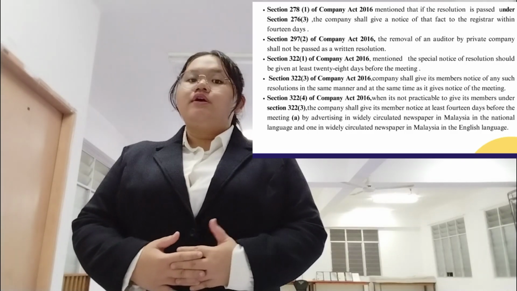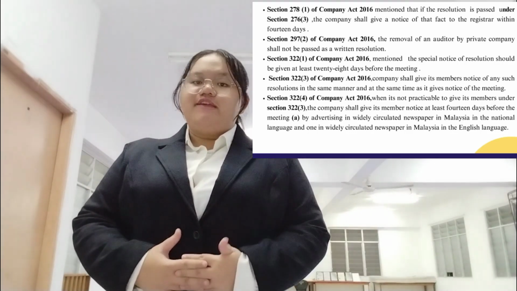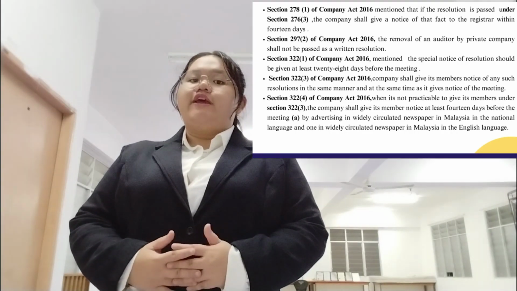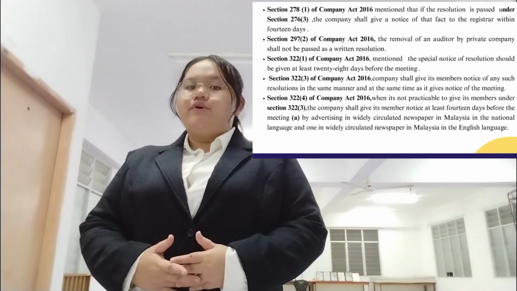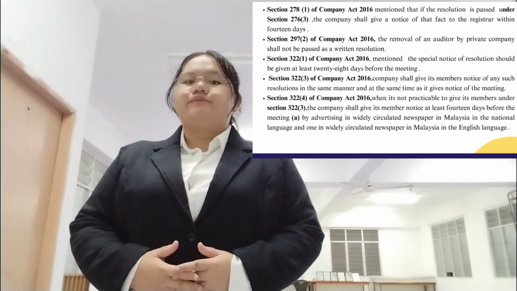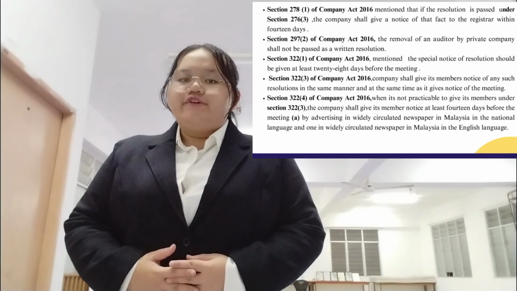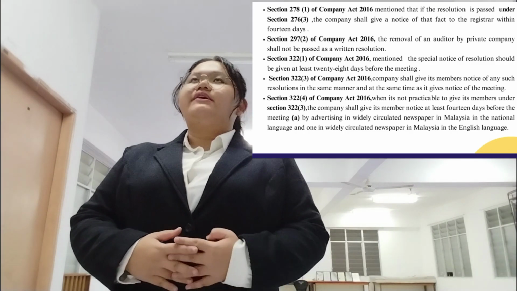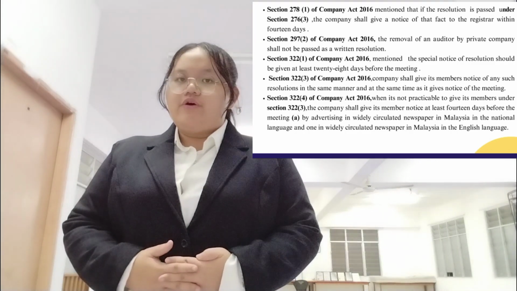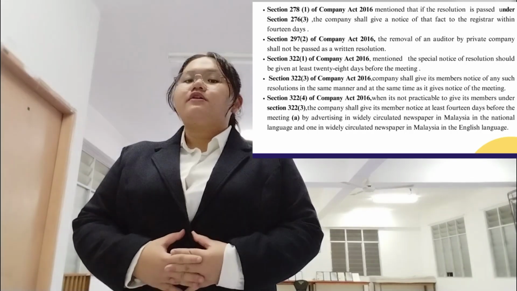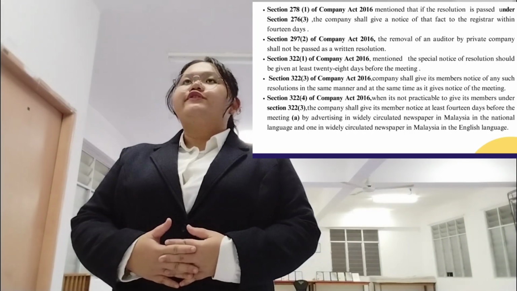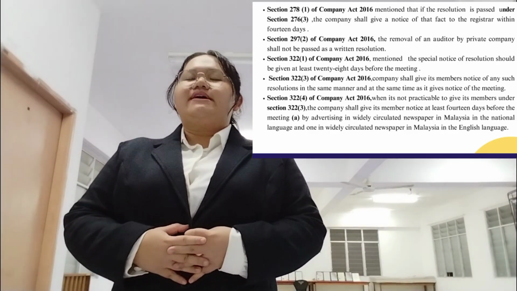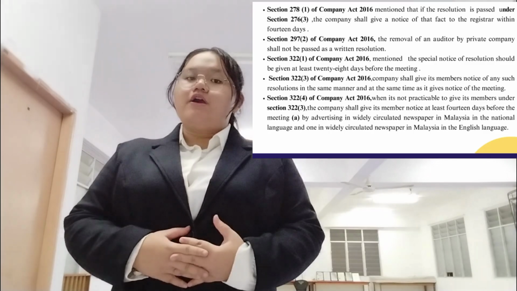It can also be given by advertising in one circulated newspaper in two languages, which are the national language and the English language. For the national language, newspapers can be Utusan Borneo, Utusan Malaysia, and Berita Harian. And for the English language, The Star and The Sun.